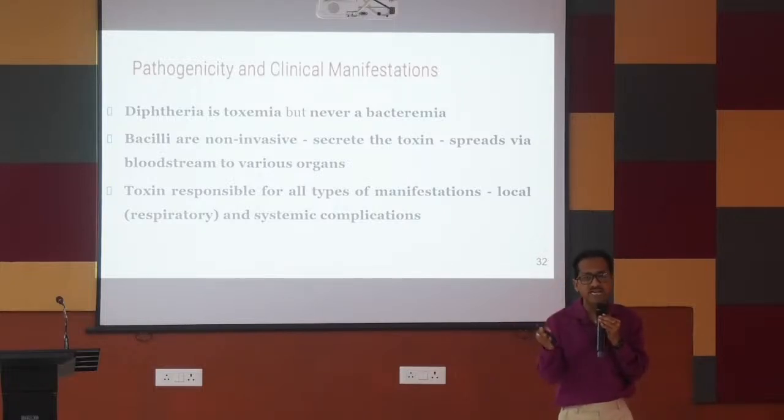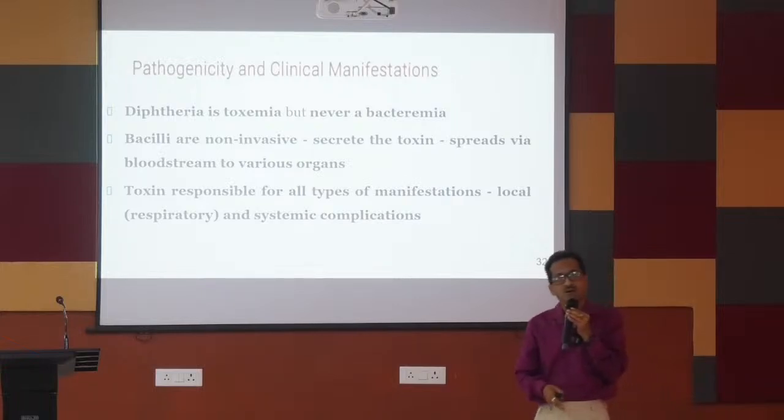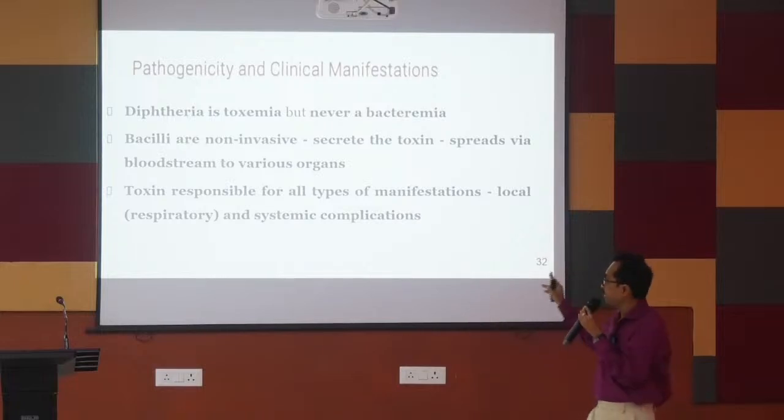So if you use antibiotic only, it will not work. Antibiotics only work within 6 hours, before the toxin has been released. So the antitoxin has to be given in the treatment of diphtheria. That is the main point of learning the pathogenicity: it is due to toxemia.